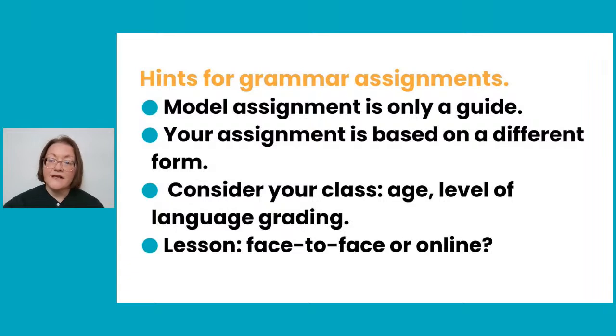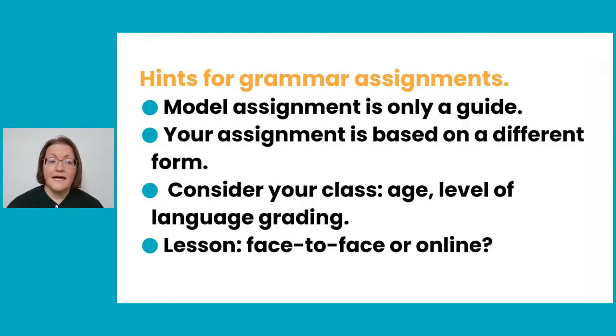So on the level 5 and the level 3 course, you will have to do a grammar assignment. When it comes to the grammar assignments, you'll see that there is a model assignment provided. Please bear in mind that the model assignment is only there as a guide. It's to show you what an assignment should look like and the level of detail it should include.